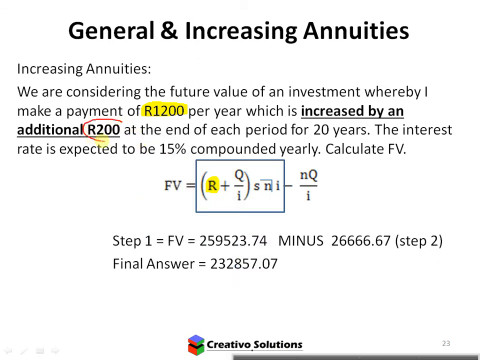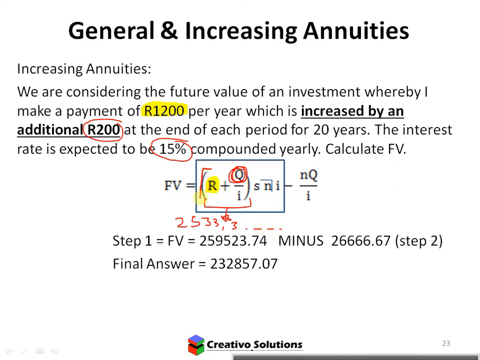So we say 1,200 plus 200 divided by the interest rate, which is 15. What does that give you? 2533.333. Okay, so now you've got that bracket.